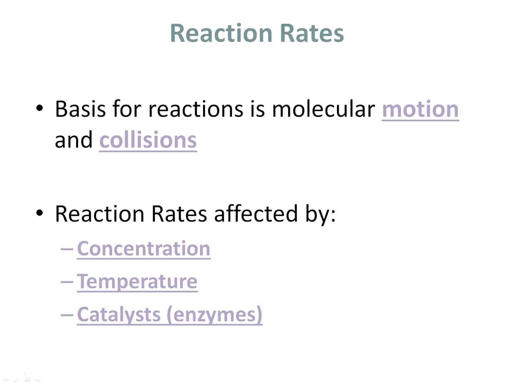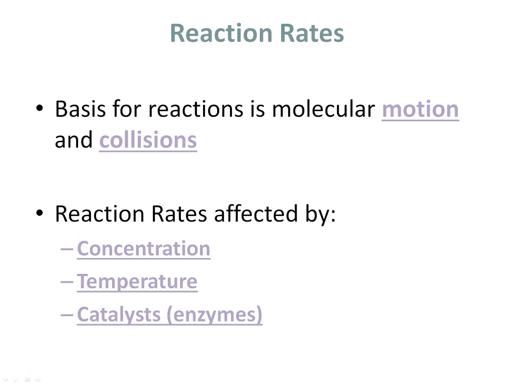So this is like having our classroom filled with 50 students, and I start having you guys move around the room. It's pretty hard not to run into another student. But if there were only 10 students in the classroom, it'd be very easy to avoid the other students. So the higher the concentration of our reactants, the more likely a reaction is to occur. So there's a direct relationship between concentration and reaction rate.